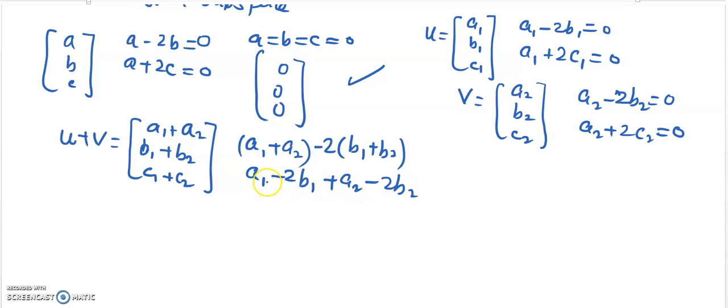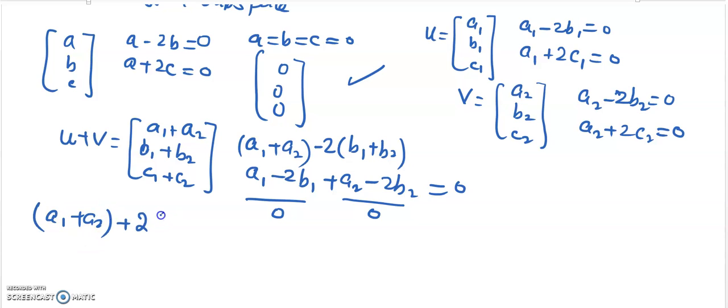So we rearrange the terms. A1 minus 2B1 is equal to 0, and A2 minus 2B2 is equal to 0, so this whole expression is 0. For the second expression, the first element A1 plus A2, plus 2 times the third element, which is C1 plus C2.